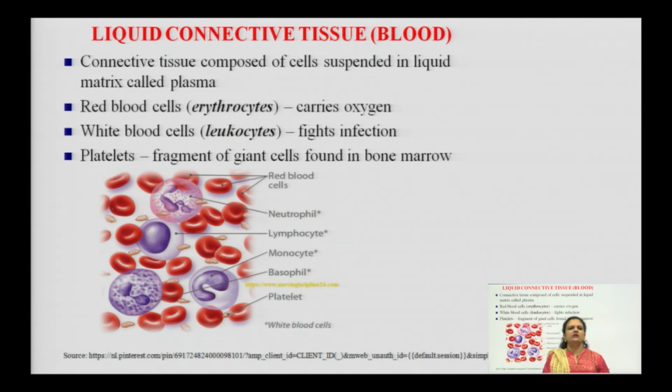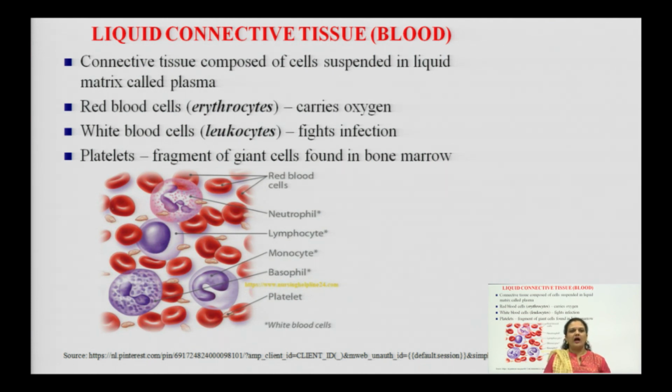Now, coming to the next connective tissue, the fluid connective tissue, or we can say the liquid connective tissue. The example is blood. The connective tissue blood is composed of cells. What cells? RBCs, WBCs, platelets, so many blood cells, students, suspended in a liquid matrix known as plasma.